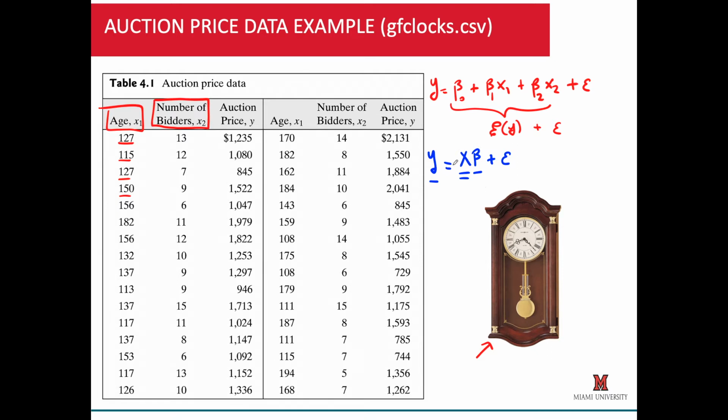So again, this x beta is the deterministic component, or the expected value of the y vector.